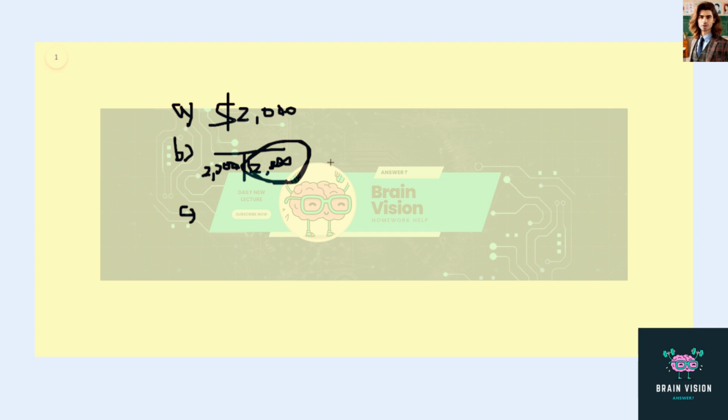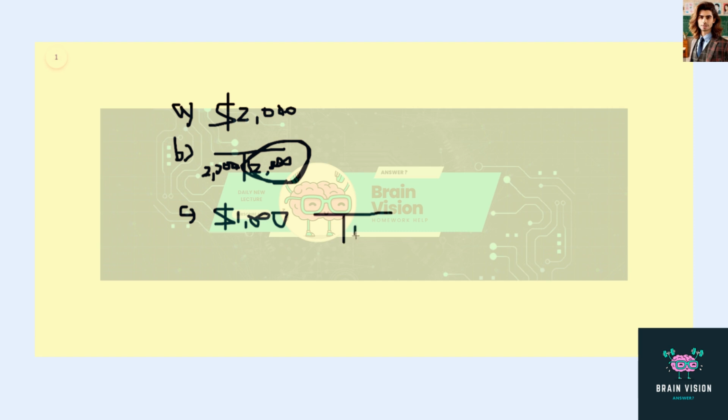Okay, C. If people hold equal amounts of currency and demand deposits and banks maintain 100% reserves, what is the quantity of money? Now people hold the same amount of cash and deposits. So now cash is 1,000, and they decide to deposit another 1,000 into the bank.